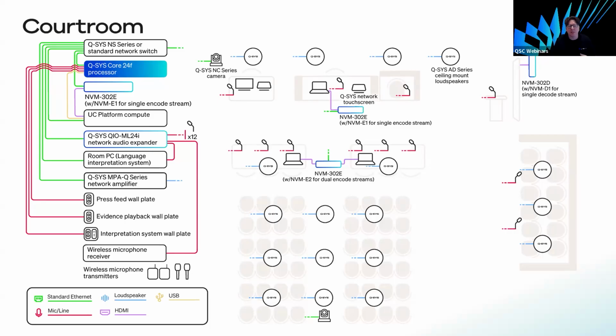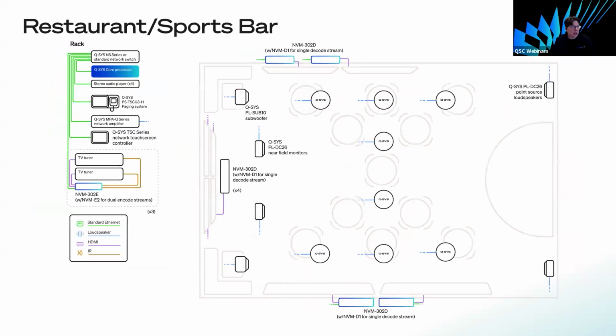And I think there's a lot of flexibility with the NVM product, especially because the NVM product is really part of our ecosystem that allows you to think about and use us in terms of incorporating all of our products in one cohesive system.